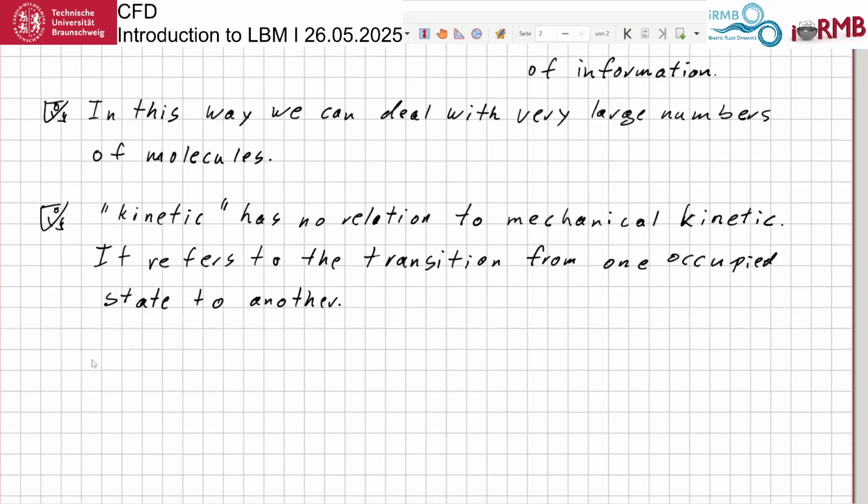All of this is described by the Boltzmann transport equation. And by the way, you can do computational fluid dynamics or fluid dynamics in general for your entire life, and you may never have heard about the Boltzmann equation.